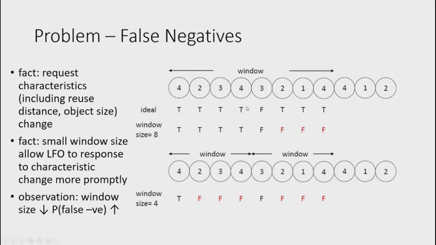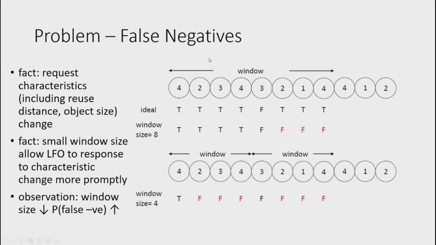Now, it is generally true that request characteristics, whether they are requests to your content delivery network or requests to your I/O devices, tend to have certain patterns in terms of reuse distance and object size. These characteristics, or the behavior of these requests, tend to change. They don't always stay the same.